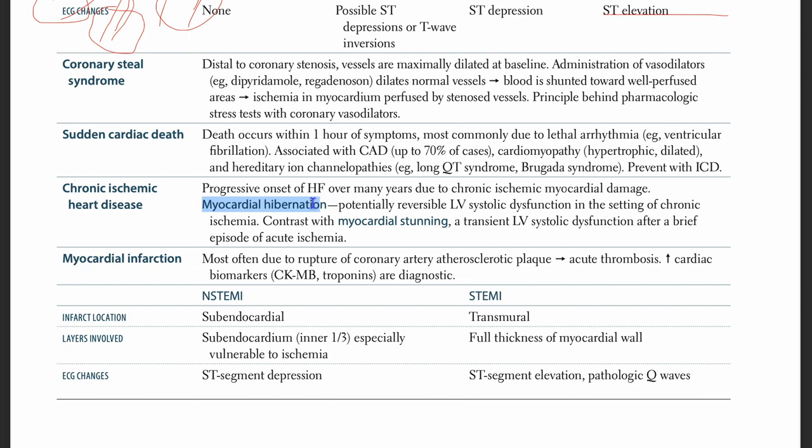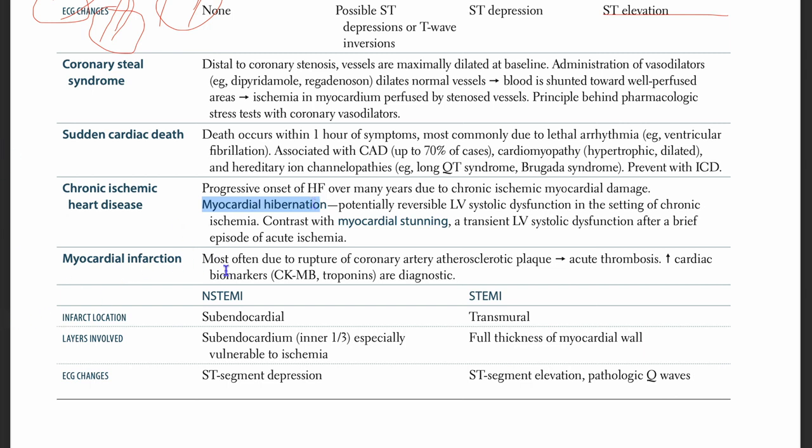It's called myocardial hibernation. That's the kind of question to expect. So it's a potentially reversible LV systolic dysfunction in the setting of chronic ischemia. Contrast with myocardial stunning, which is a transient left ventricular systolic dysfunction after a brief episode of acute ischemia. So it's different from that.